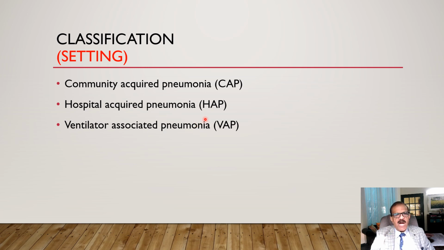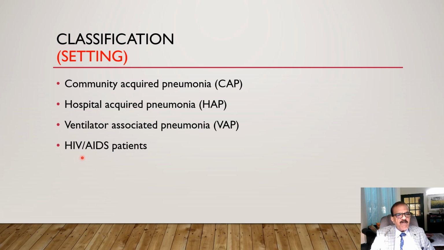The tube is passed right into the airways. Because you bypass many of the immune mechanisms, infection is typically very severe, and very special antibiotics are used in ventilator associated pneumonia. In these two, antibiotics are usually high dose, specific antibiotics, usually intravenously for maybe 2 weeks.